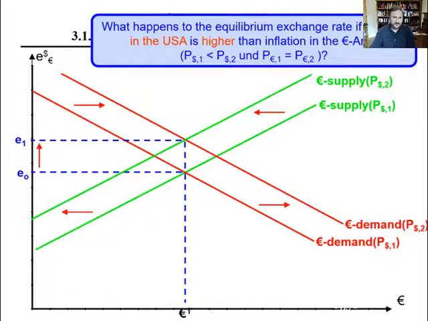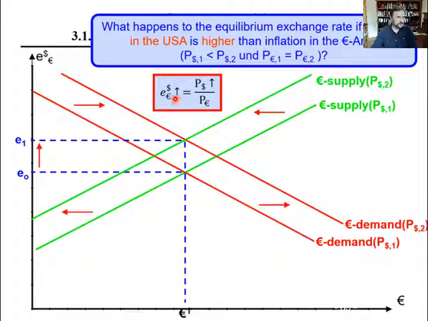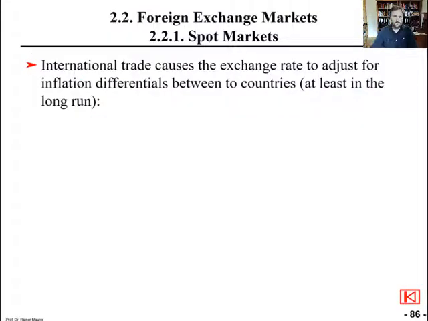So the graphical analysis comes to the same result as the purchasing power parity equation, which indicates that if the price level in the United States goes up, the euro will appreciate against the dollar. To sum up our results, international trade causes the exchange rate to adjust for inflation differentials between two currency areas.